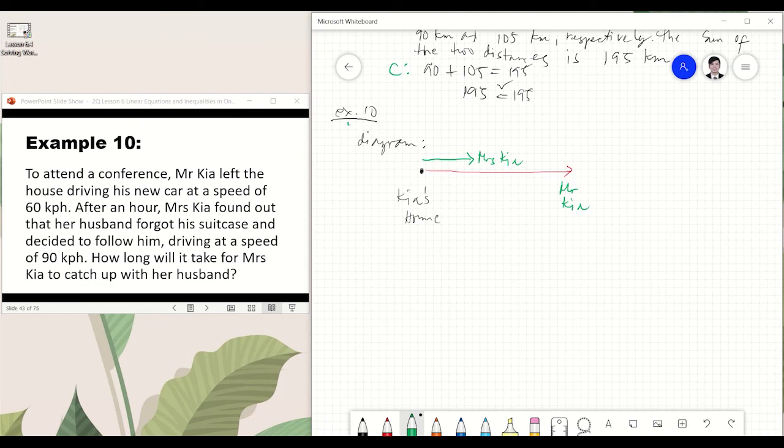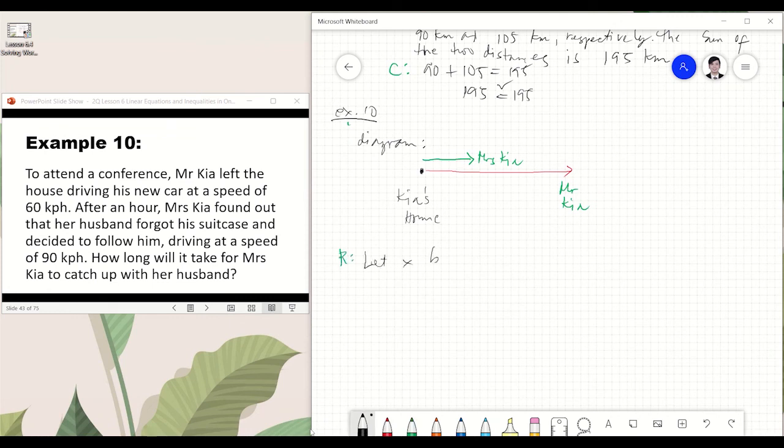Our third case is all about catching up. So, case 1, it's all about meeting each other at some point. Yung case 2, okay, going up, going in different direction. And then yung case 3 naman natin is all about catching up. So we'll start with representation.